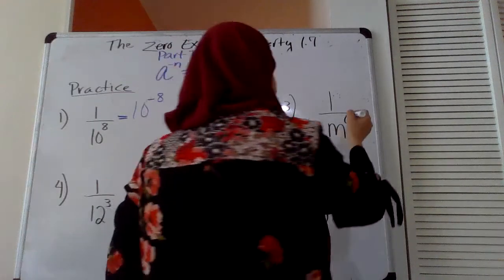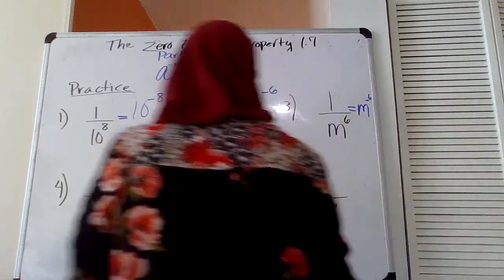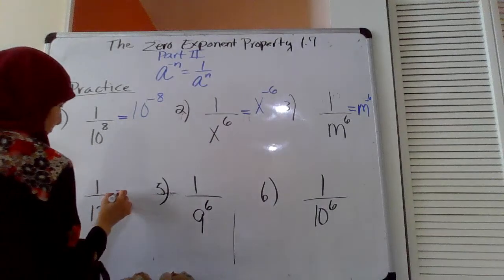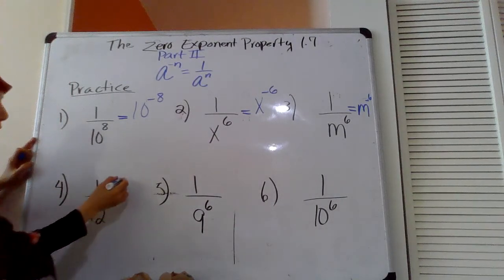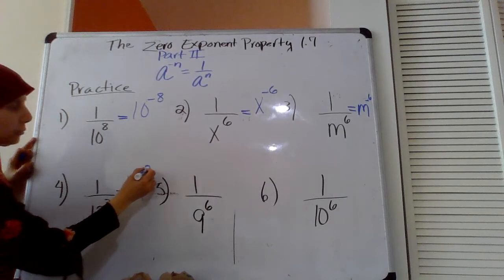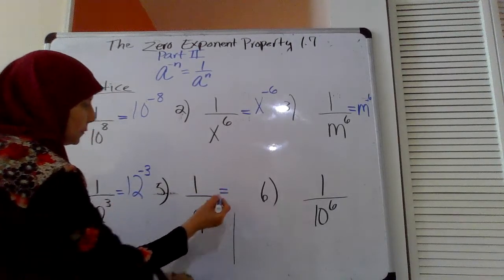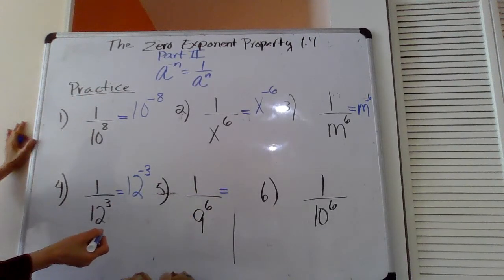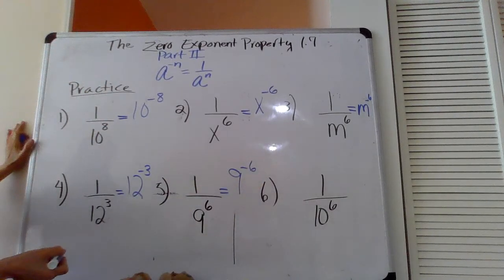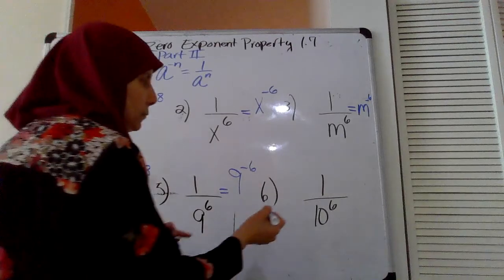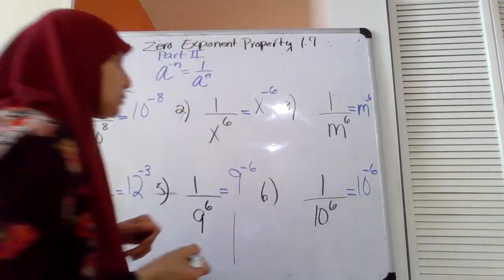And if you got m to the negative 6th power, that is correct. Twelve to the negative 3rd power is correct. Nine to the negative 6th power is correct. 10 to the negative 6th power is correct.